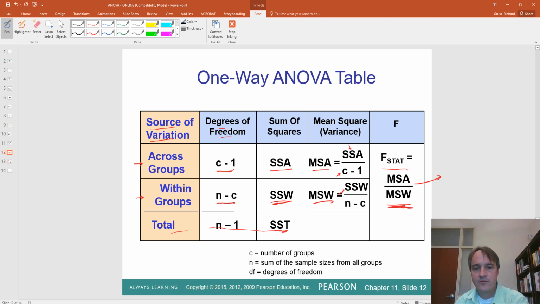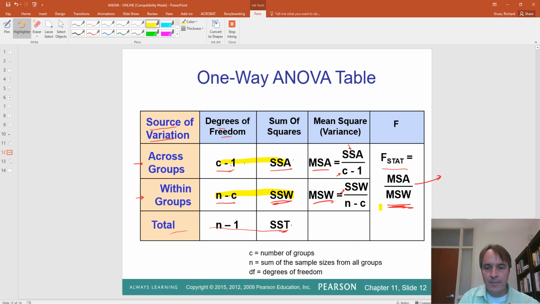If, for example, you had this and this, you know that this is just going to be the sum of these. This cell is just this divided by this, this cell is just this divided by this, and this cell here on the right is just this divided by this. So if I give you these 4 cells, you can fill in the entire rest of the table.